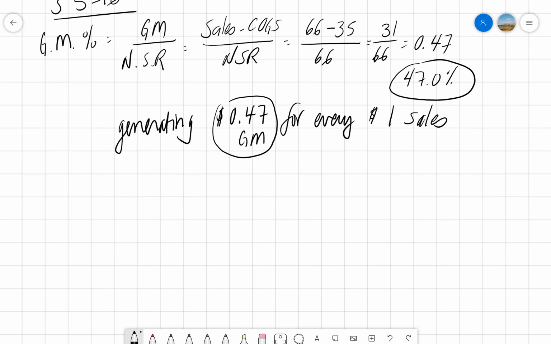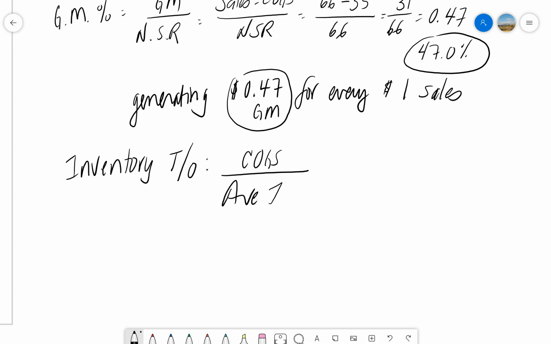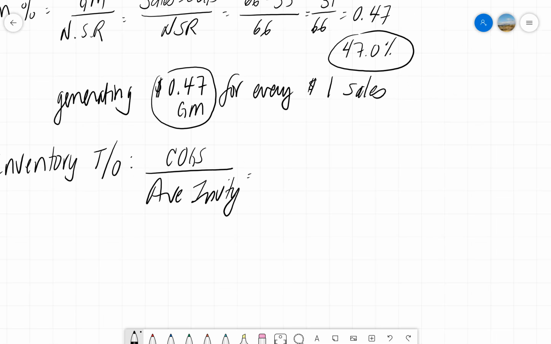Now with the last one, we're looking at inventory turnover. And once again, inventory turnover is basically our cost of goods sold divided by our average inventory. Now, we know that our cost of goods sold in the question is 35. And then we have to figure out, well, what is our average inventory?